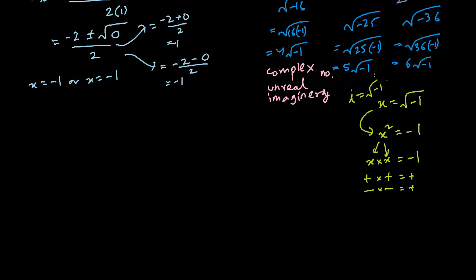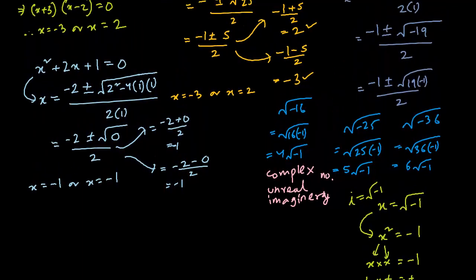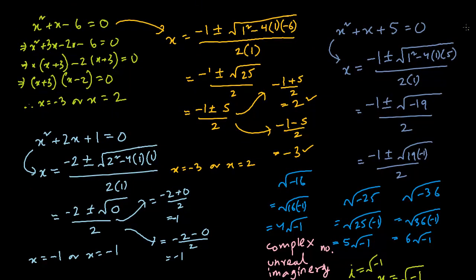So whenever we have a square root, we have to be very careful whether we have some value which is unreal or complex or imaginary, same thing. So let's take a look over here. When we solve this particular question, we found out that the root cannot be found, meaning the value of x cannot be found because inside the square root it's a negative number.